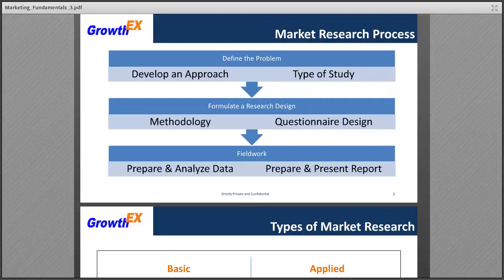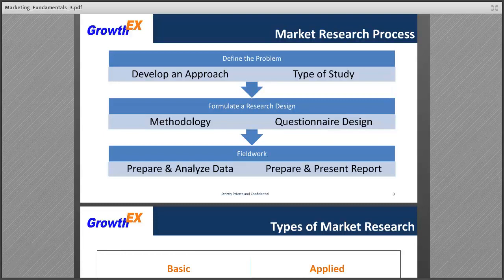So the most integral part for initiating any market research process is defining the problem in hand. Now this problem could be, how do my customers react to an XYZ offer? Why is my market share not increasing despite all the efforts being made?